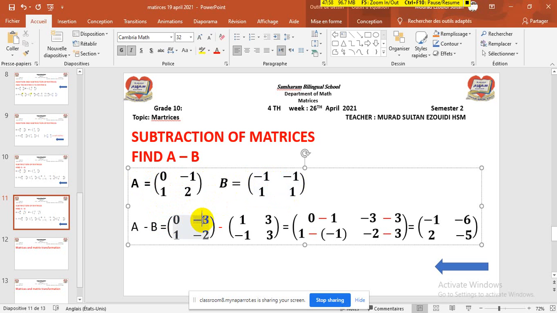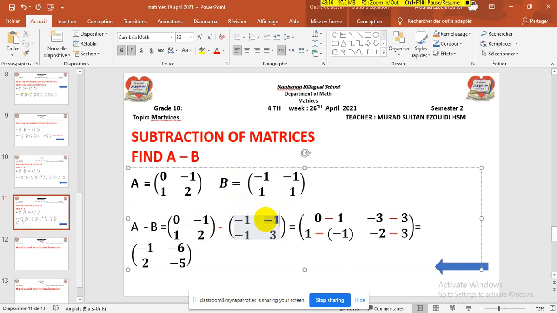A minus B. I will make here minus 1. Clear? And here 1, 2. Then the negative sign is here. The red one is a negative sign. The second matrix is minus 1, minus 1, minus 1, minus 1. Then here 1 and here 1. Now I will give you time to find the answer.